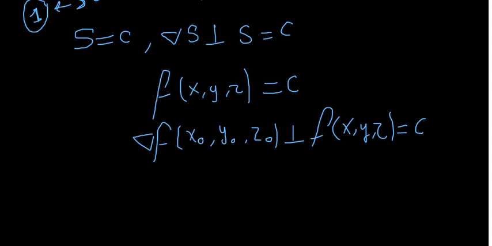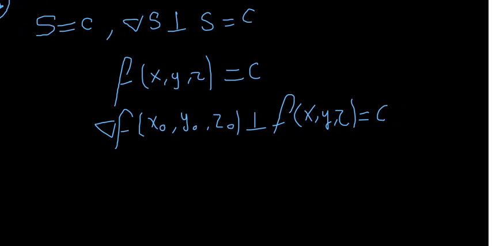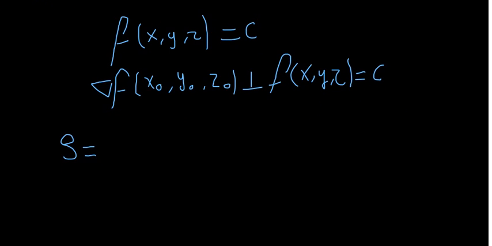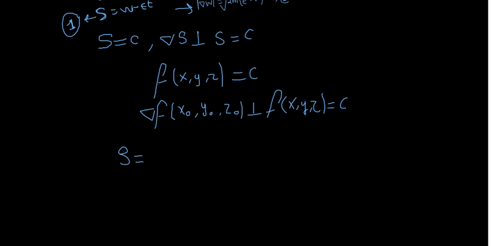So that was the theorem. Now we know, and Schrödinger did already, that with S equals c, the gradient of S will be orthogonal or normal or perpendicular to S equals c.